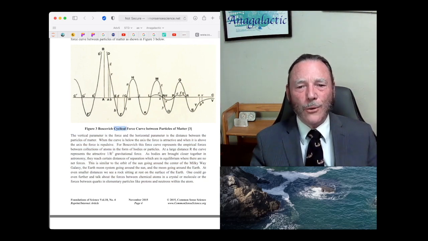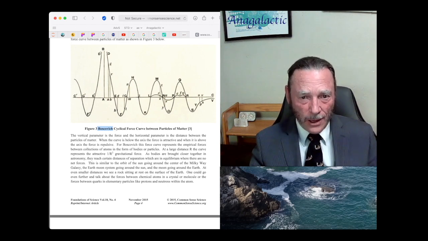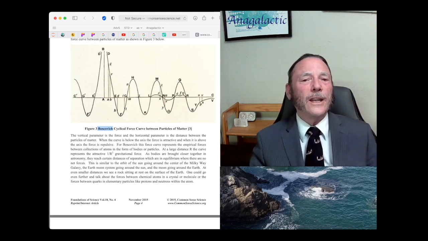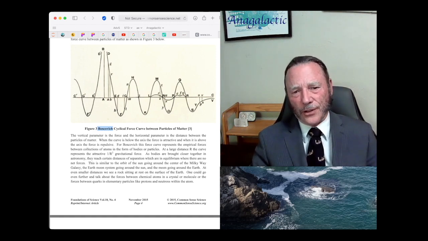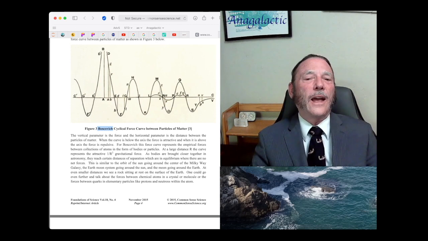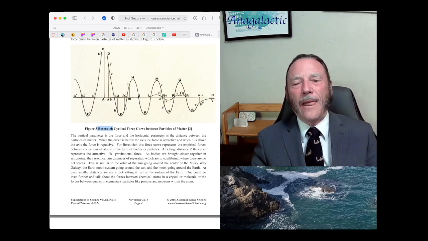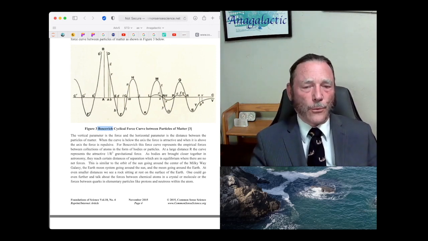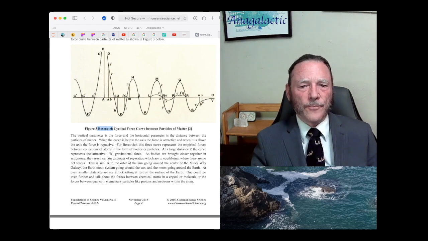Right above that blue is an F. And then over here, where I highlighted in blue again, that A that you see on the horizontal line, where the vertical line goes up, A, normally that would be labeled 0 because it's 0 distance on the horizontal, and it's 0 force. But you could see that this particle could arrive at the other particle anywhere on this line.